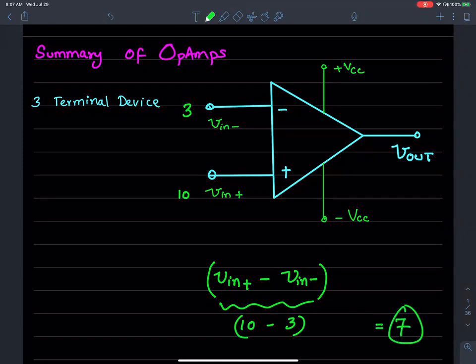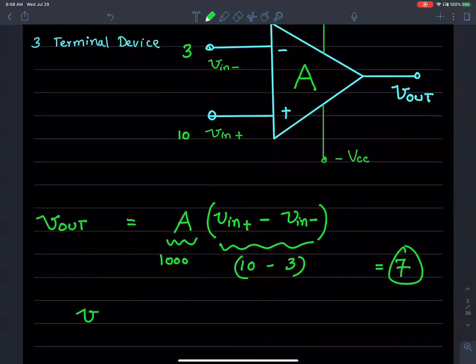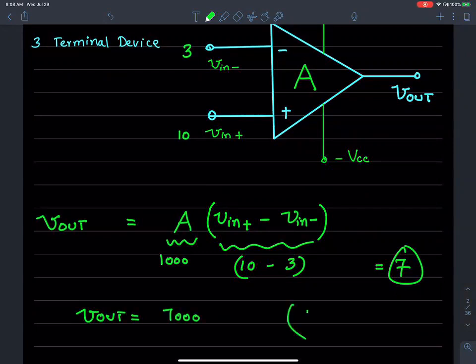Now what the op-amp does is it amplifies the difference to form an output, where A is the gain. So if the gain was, I don't know, 1000, the V output would be 7000. Why is it 7000? The difference between the input terminals is 10 minus 3, which is 7 volts.